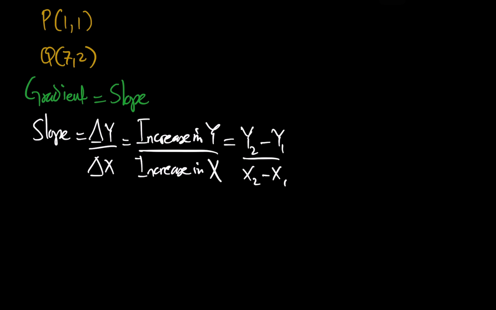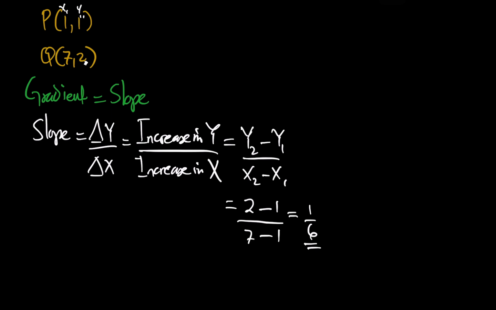Since we're looking for PQ, this could be our x1, this is our y1. So we put it in the formula where y2 is 2, minus y1 which is 1, and then we divide that by x2, which is 7, minus x1, which is 1. And we end up getting 1 over 6 as our final answer. So that's how we calculate the gradient.